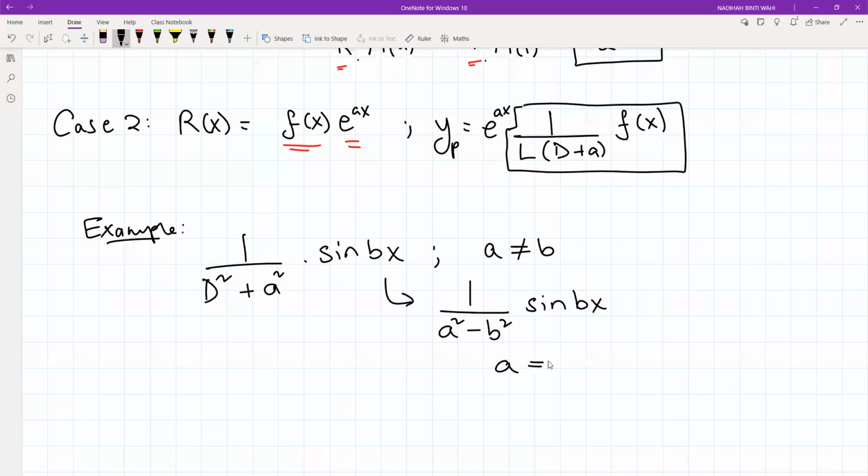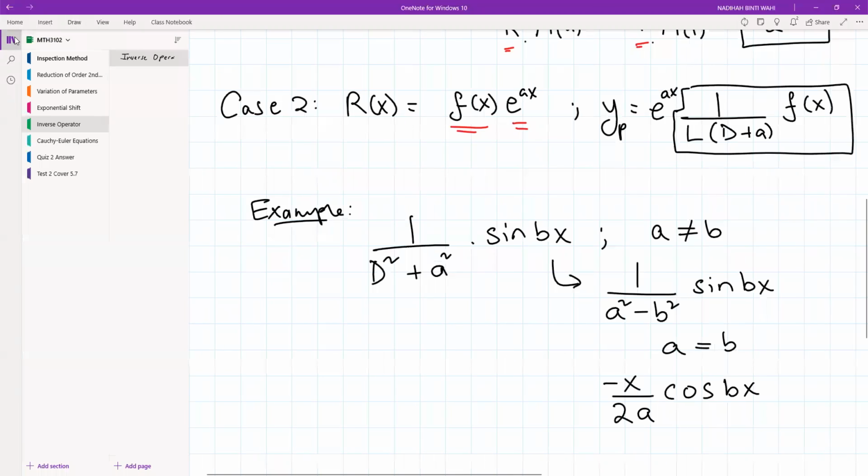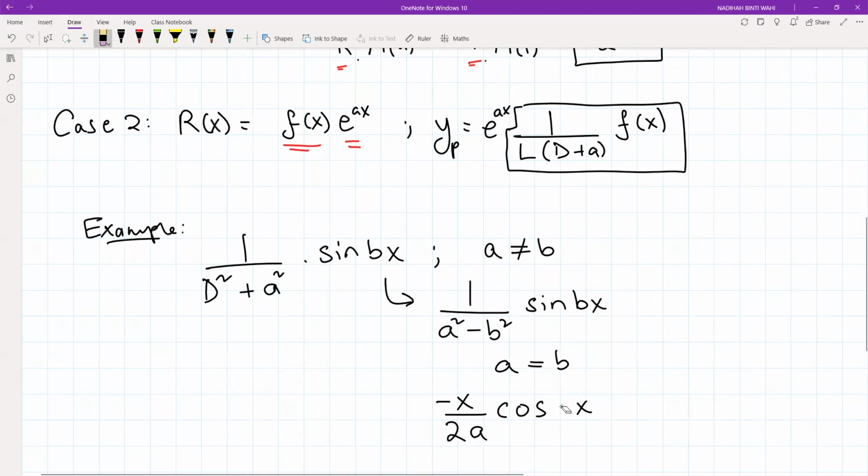So if a equals to b, saya akan dapat x over minus 2a cosine of bx, ataupun cosine of A. Tak ada masalah sebab B sama dengan A. Dia tak ada masalah sebab apa? A sama dengan B, cosine BX. Okay. So untuk yang ni.